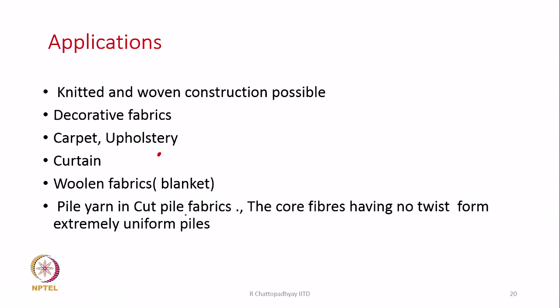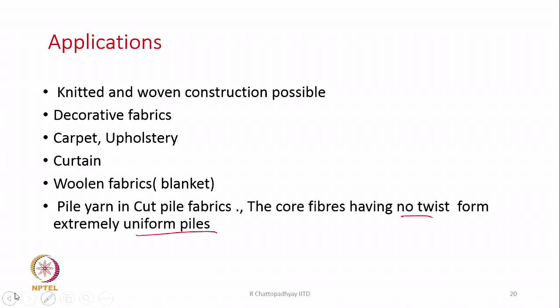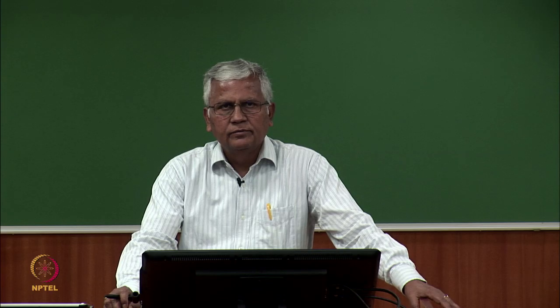Pile yarn in cut pile fabrics, the core fibers having no twist form extremely uniform piles. So, these are the different types of applications which are possible, and also we can think of applications in the area of technical textile nowadays.